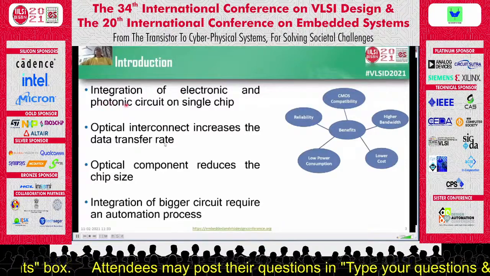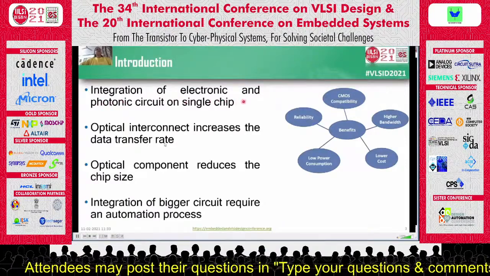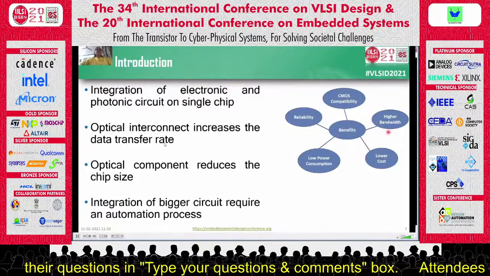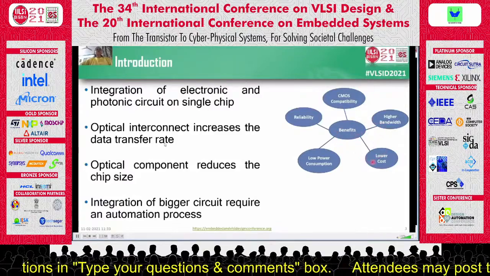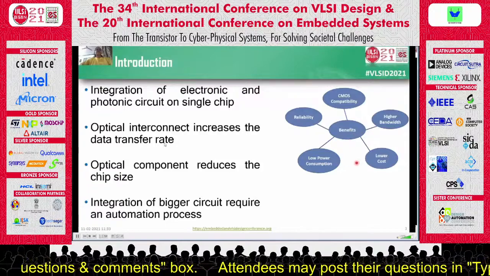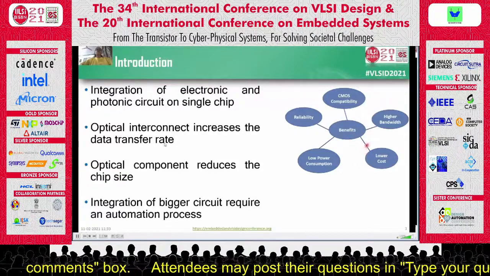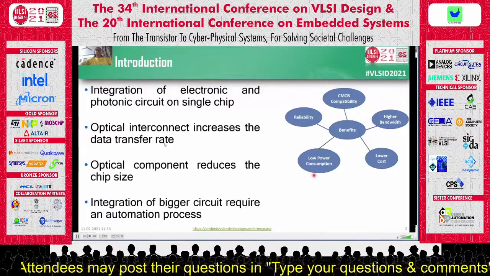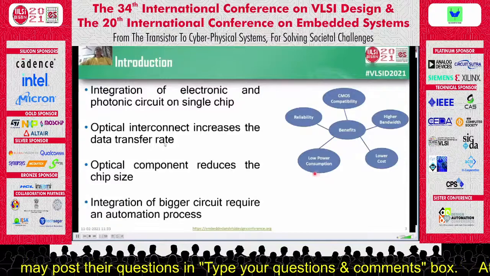Photonic integrated circuits are the integration of electronic and photonic circuits on a single chip. In this figure, some of the benefits of photonic integrated circuits are shown, which satisfy the increasing demand for higher speed, low power consumption, and low power dissipation in current VLSI circuits.